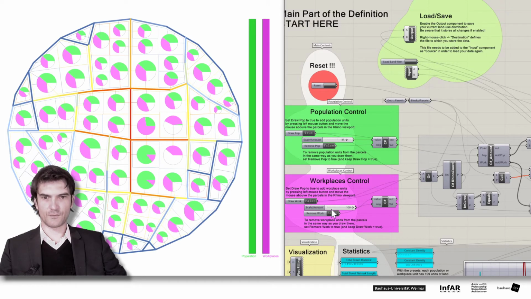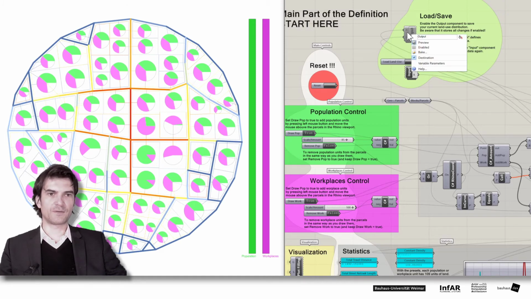So if you delete a few workplaces from here and you want to add them, I don't know, here, we are still again at 100%, and this should be updated. And if we now disable it again, we disable the updates as well.